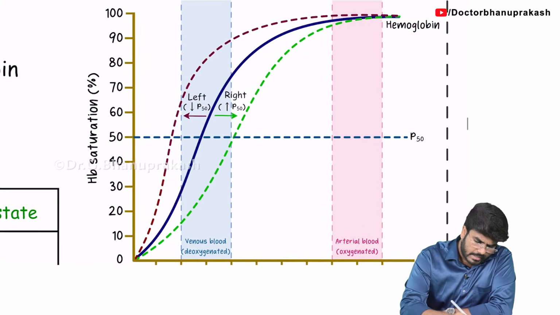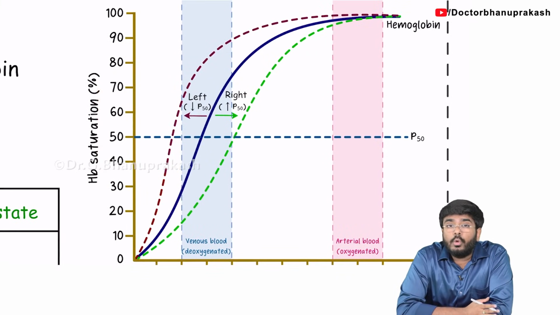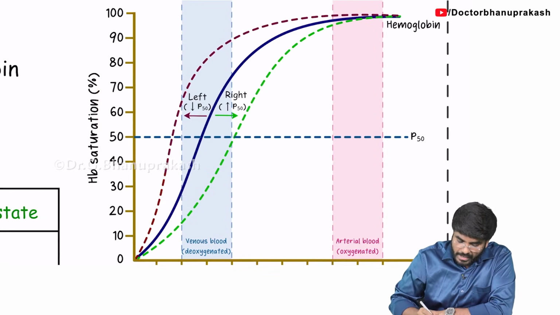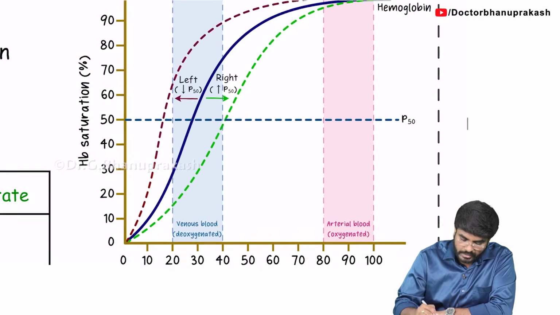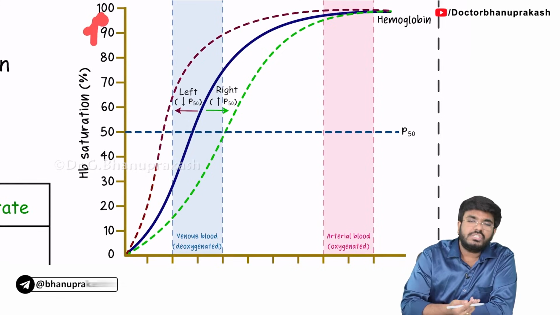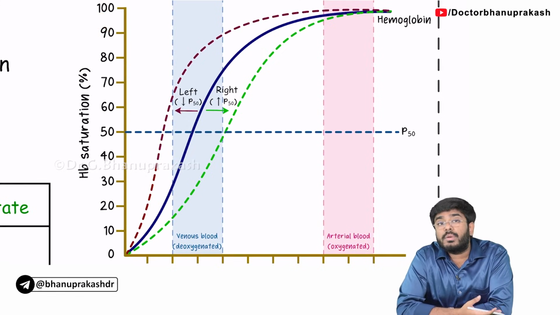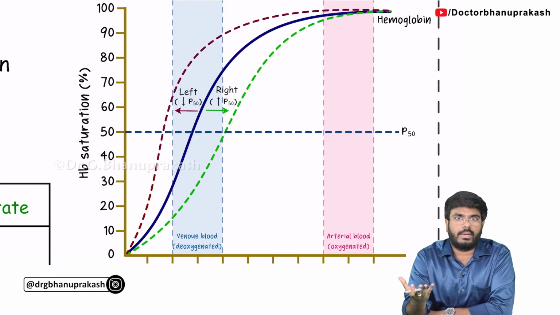On the y-axis we are talking about the hemoglobin saturation. So we are looking at the relationship between the partial pressure and hemoglobin saturation, and we already know that whenever partial pressure is more, hemoglobin saturation will automatically be more. More the partial pressure, more saturation or more association is going to happen, right?